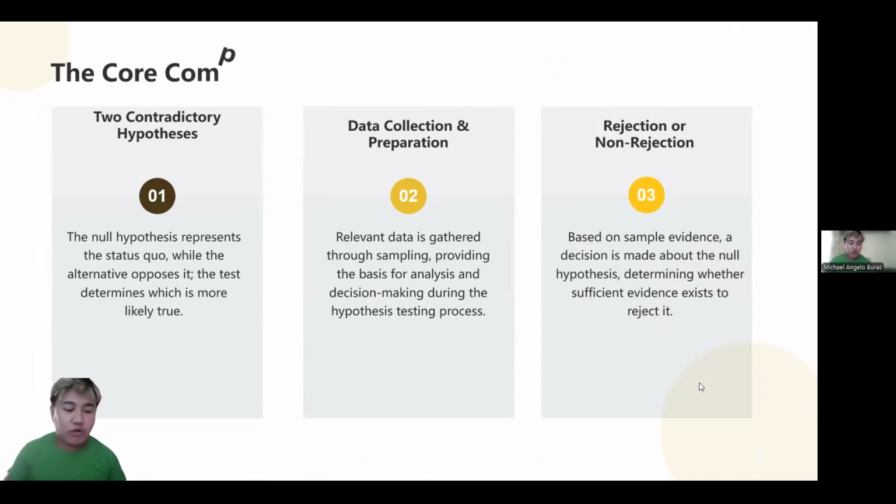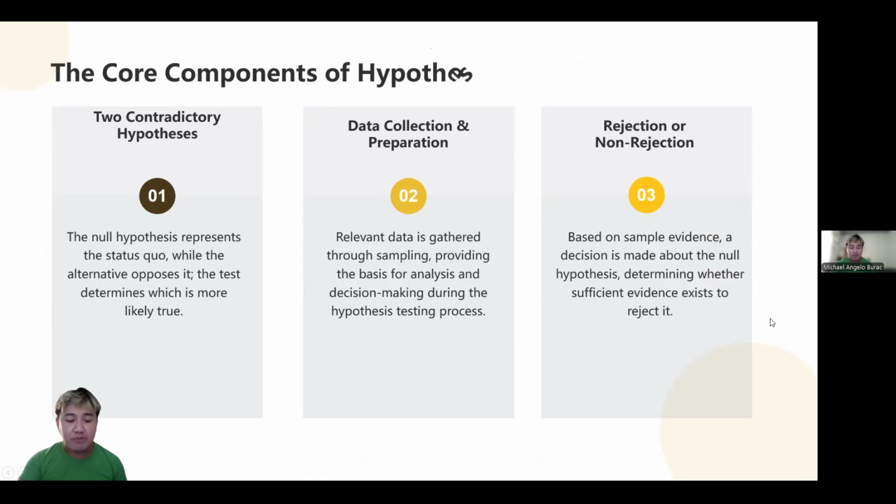So what are the core components of hypothesis testing? There are basically two contradictory hypotheses: the null hypothesis, and the alternative hypothesis. In hypothesis testing, you assume something first.